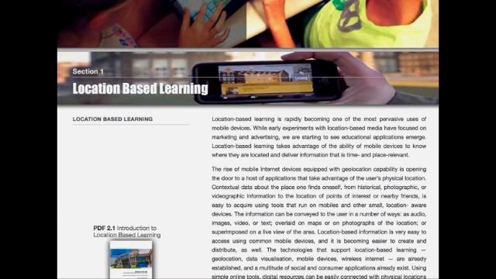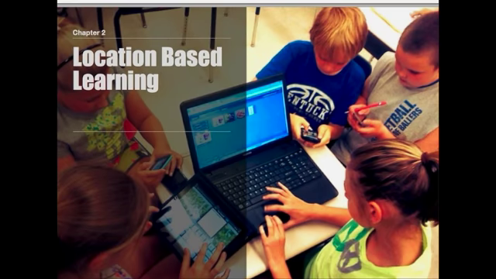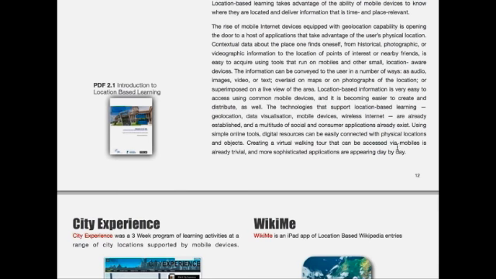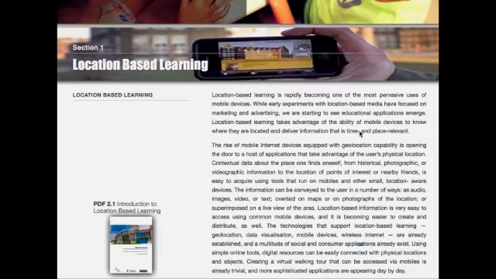But it's actually using the capabilities of the device to be mobile and using that capacity to improve student learning. So what does it mean to have a mobile device? This means that students can move about and move about away from the classroom.